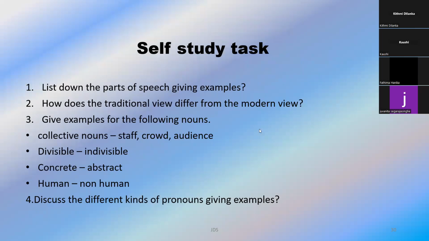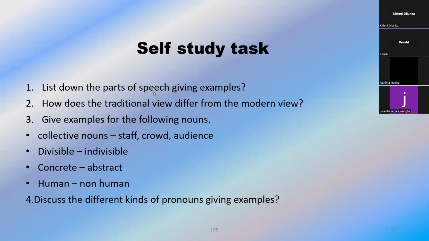Look at your self-study task. List down the parts of speech, giving examples. How many are you going to write over here? 8 or 9?